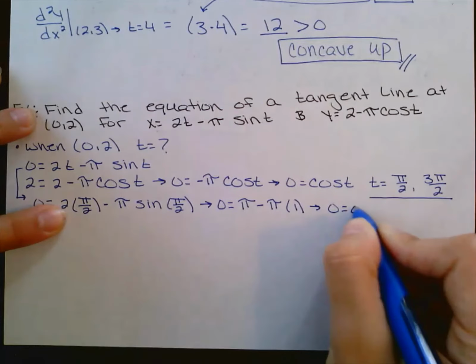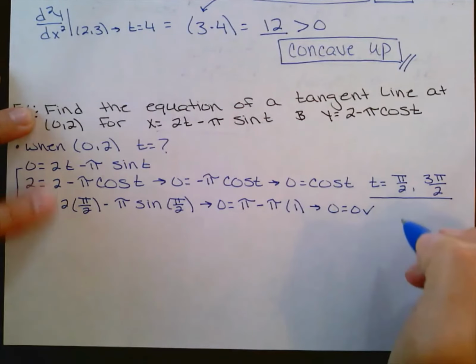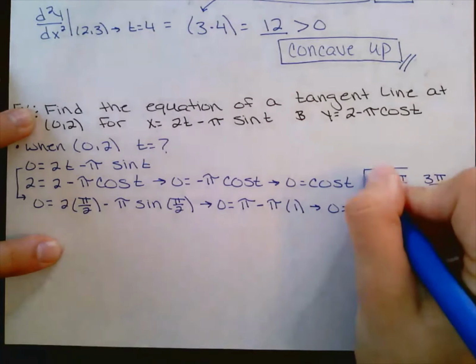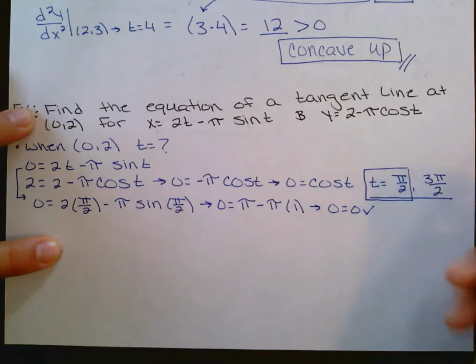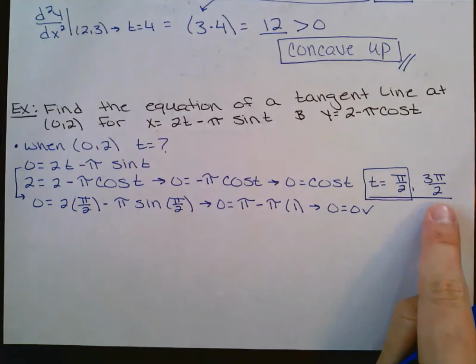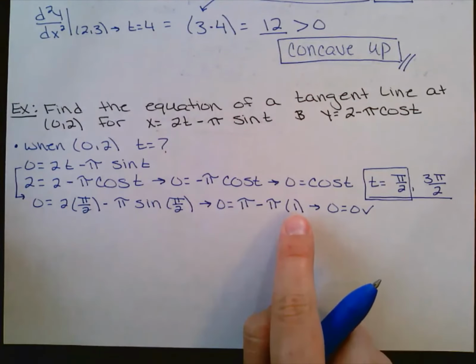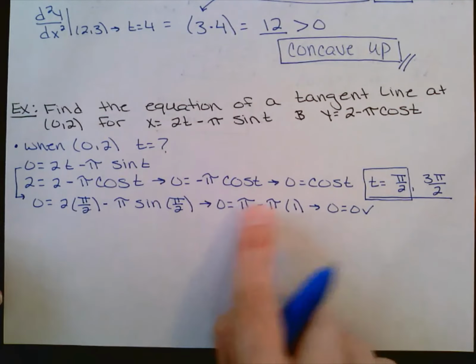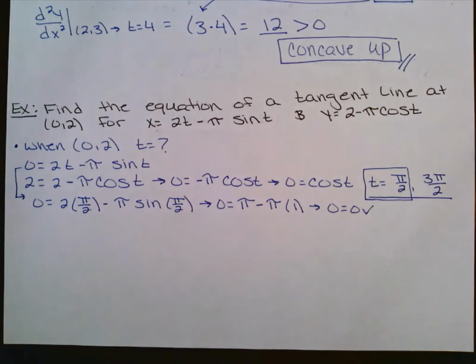So this is a true statement, which means I am going to pick pi over 2. If it didn't work out, you would go on to test the next one, okay? If you did test the next one, you would see that here you would end up with a negative 1, which would start changing this up here and not give you 0, okay?